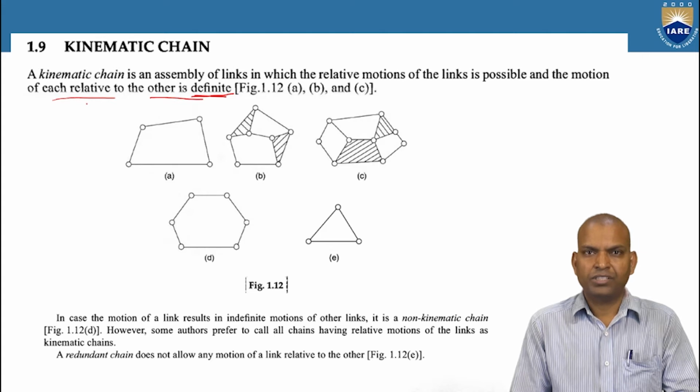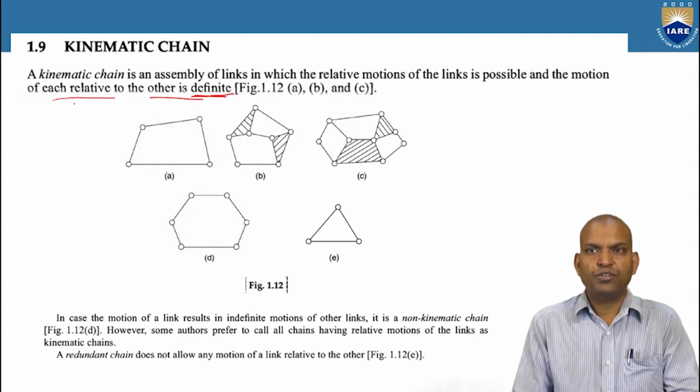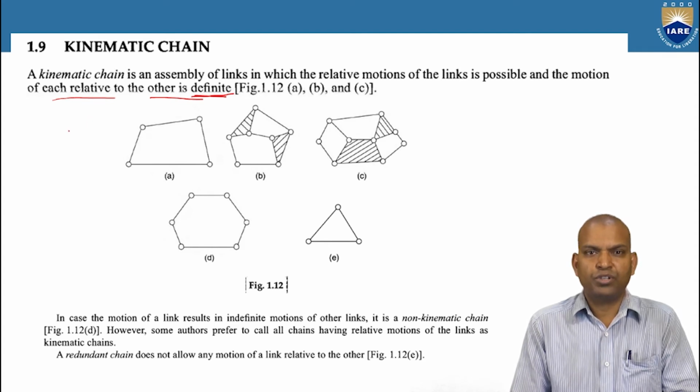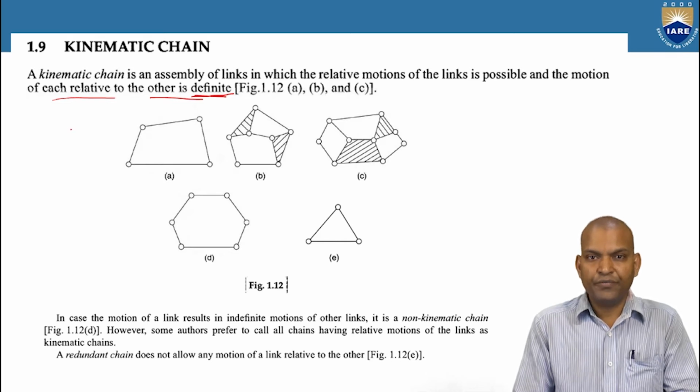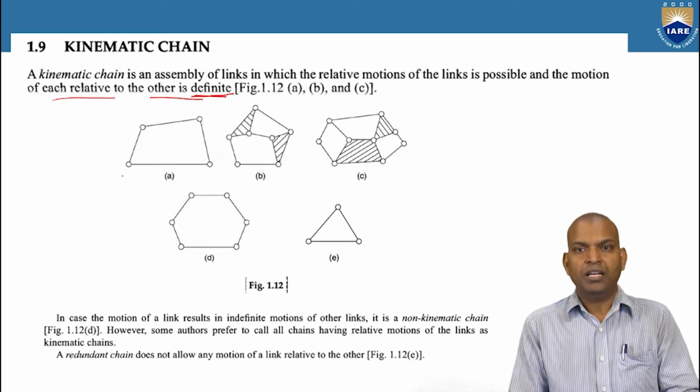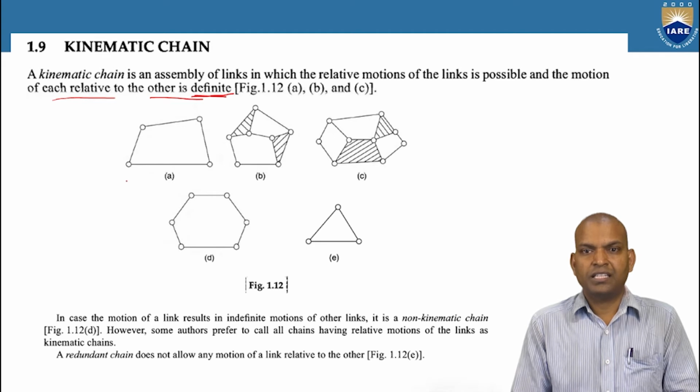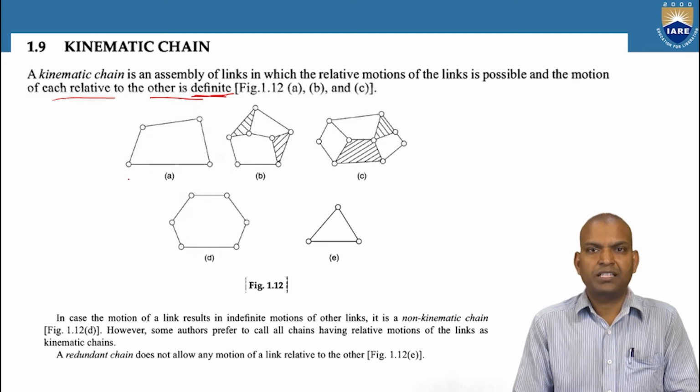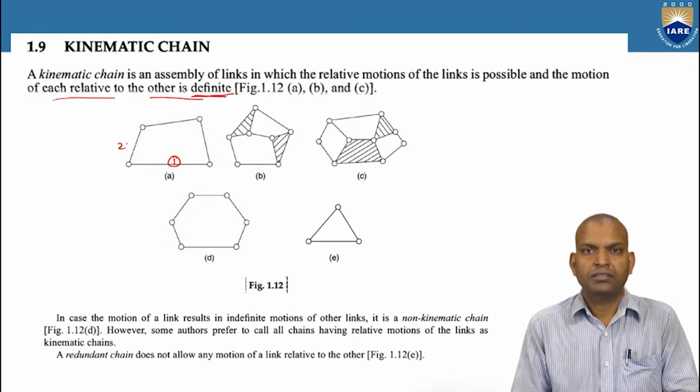Once again, read it again. A kinematic chain is an assembly of a number of links or elements in which the relative motions of the links is possible, and the motion of each relative to the other is a definite motion. It is not indefinite motion, it is a definite motion. So here in these figures A, B, C, D, E. In figure A, how many links are there? 1, 2, 3, 4.